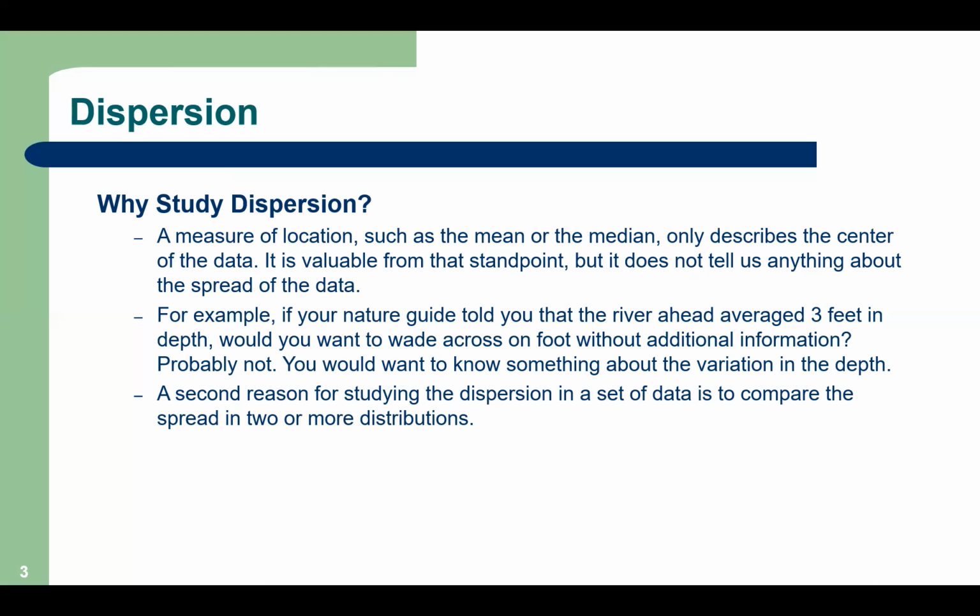if you have in-depth knowledge of statistics, you must want to know about the variation in the depth. For example, the average is 3, but somewhere the depth is more than 8 feet or 10 feet, and somewhere the depth is about 1 foot, 1.5 feet, and the average depth would still be 3 feet.